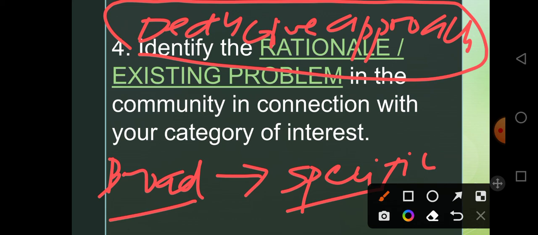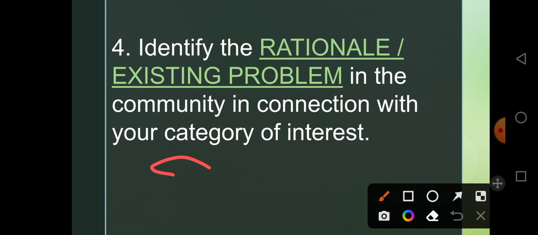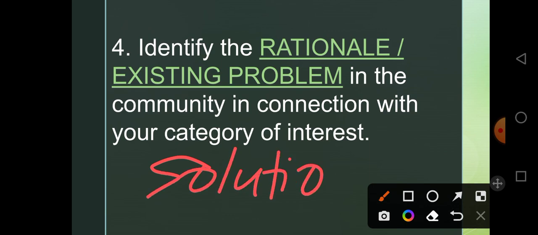However, class, the process does not stop here. Okay? After we have identified our research problem, it means that that will be the time that the researcher must provide solutions to their existing problem. Okay?